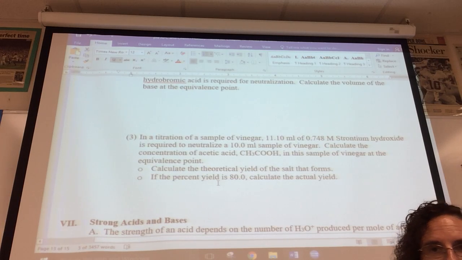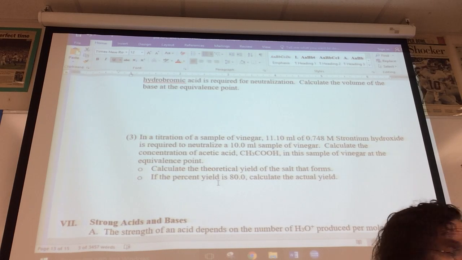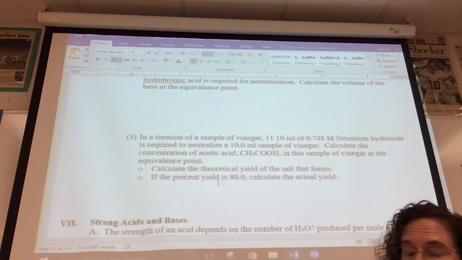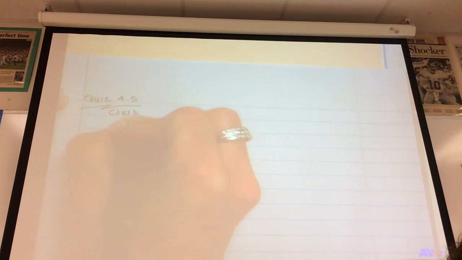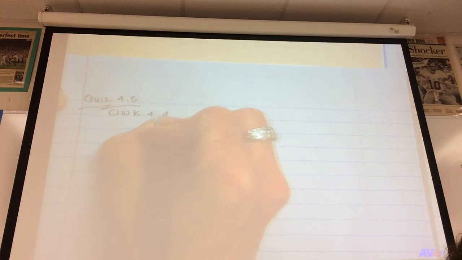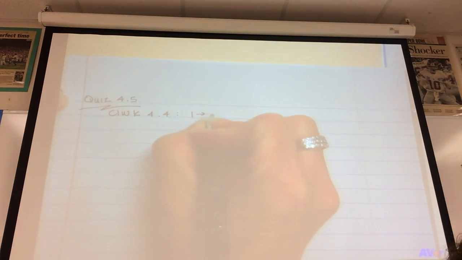I also want to make it crystal clear what's on your quiz, what you need to work on now, etc. So, in regard to what's on your quiz, this goes up till the naming. So in regard to your quiz, from your classwork, that's 1 through 21.